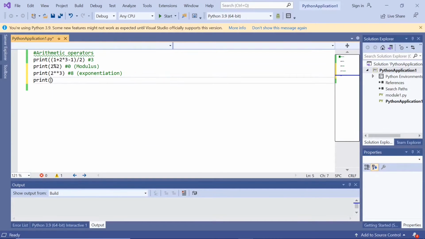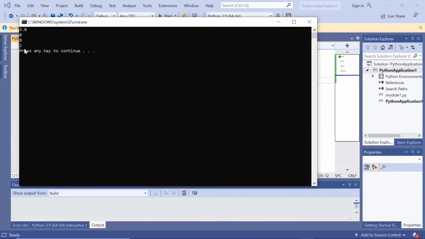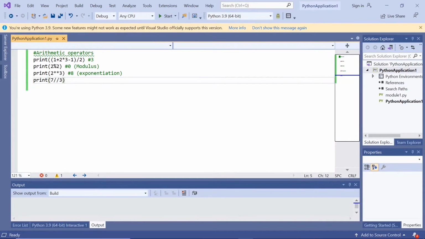Now let us see what is floor division. Let's say 7 by 3. The double division operator is floor division. Let's see what it will give us. The answer is 2. 7 by 3 is 2.